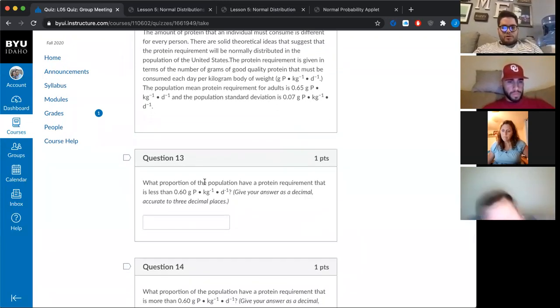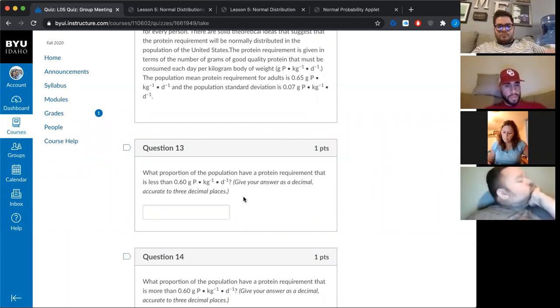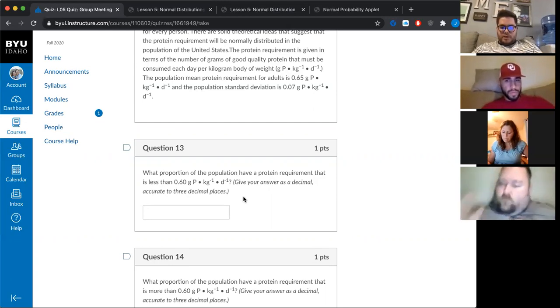So question 13 says, what proportion of the population has a protein requirement that is less than 0.6 grams? So we're just going to plug it into our formula here. 0.6 minus our mean of 0.65 is equal to -0.05.